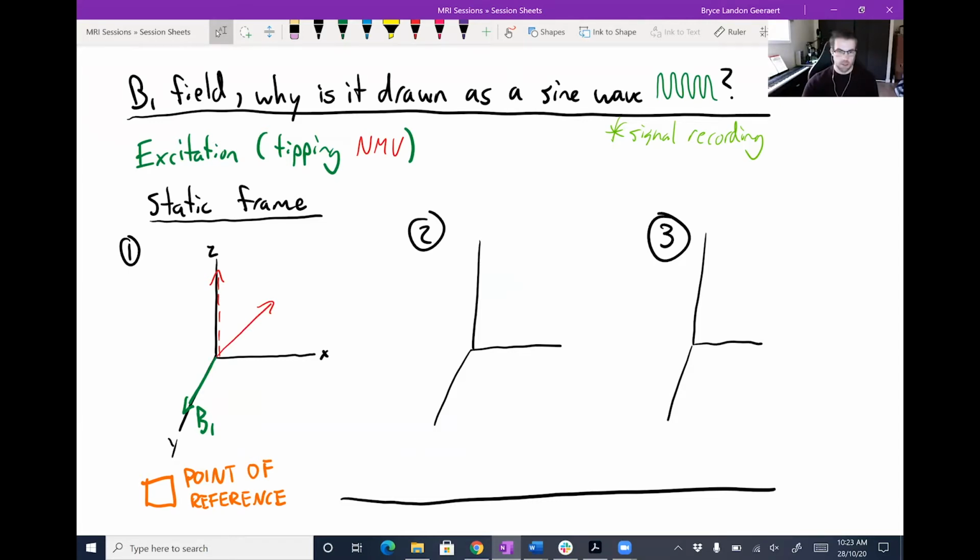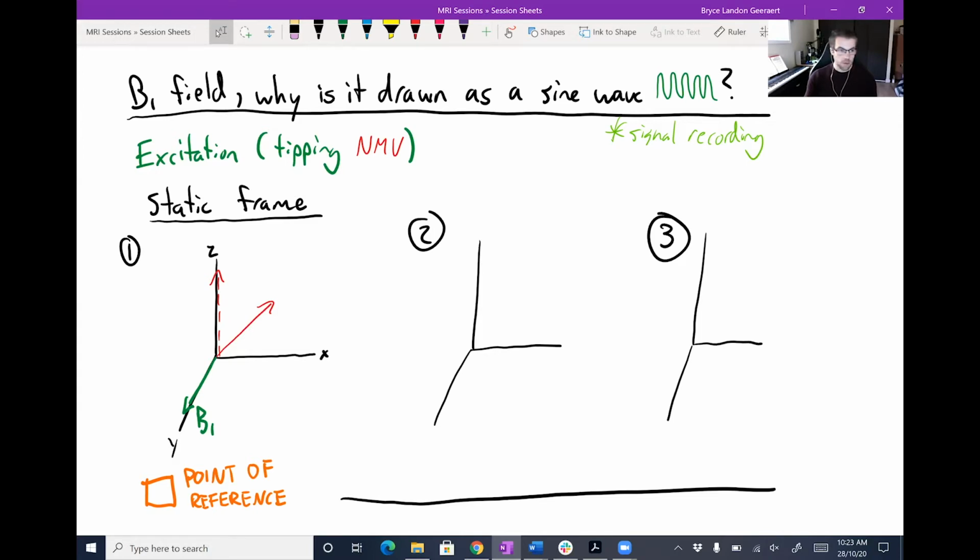In case anyone's confused about why, I talked about this last time, but I wanted a couple of diagrams to make sense of why this is represented as a sine wave. It's because of the requirement for magnetic resonance. When we're tipping the NMV, we have to apply the B1 field at the resonant frequency of the NMV, which we know from last time is the Larmor frequency, or the precession rate of the individual spins.